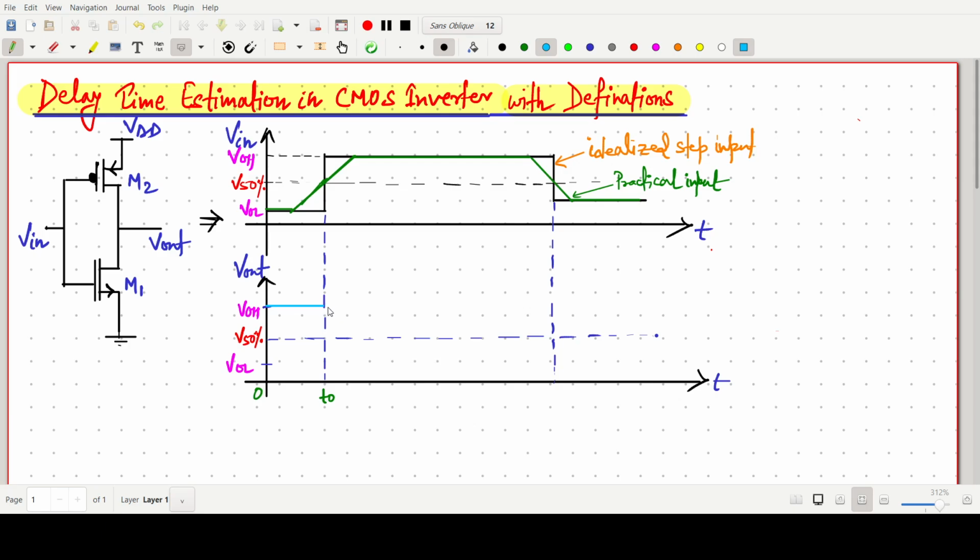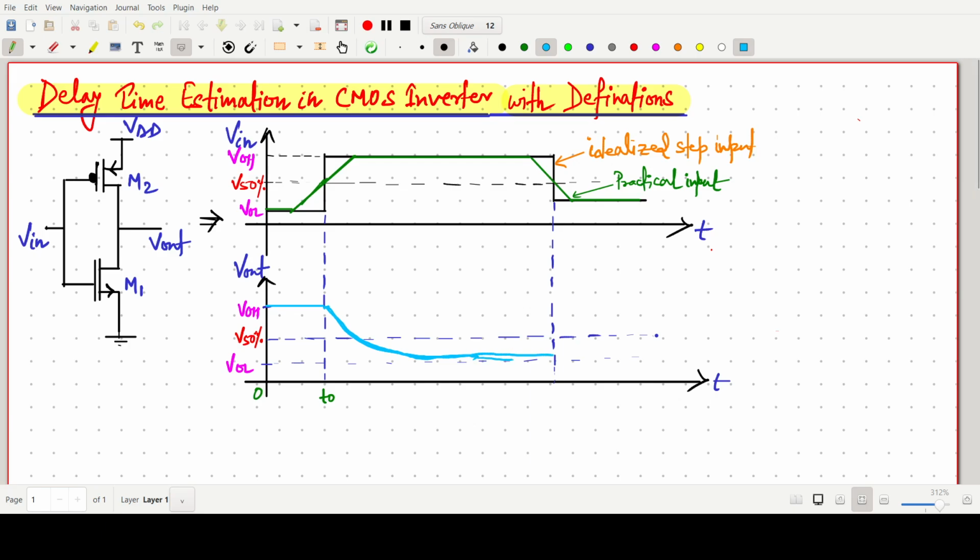So how will it decrease? Say this point is our VOL. The practical output will be like this. It will start decreasing and go down like this.